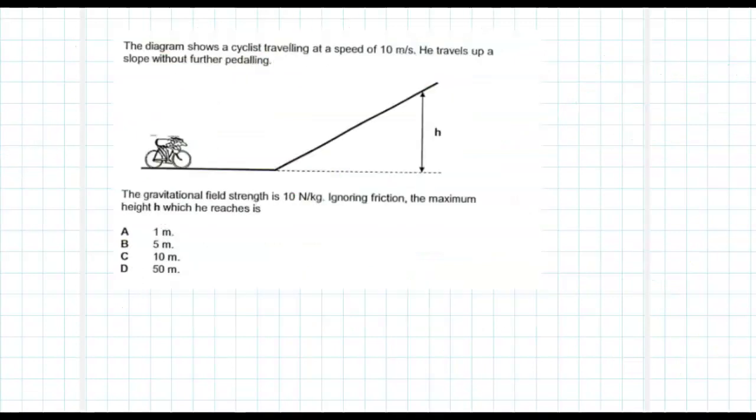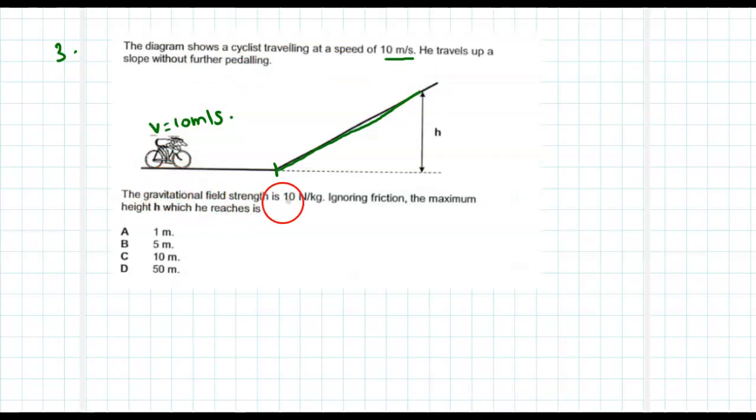Let's discuss the third question. The diagram shows a cyclist traveling at a speed of 10 meter per second. So here the speed at this point is 10 meter per second. He travels up a slope without further pedaling. When he is traveling up without pedaling, he will stop somewhere.